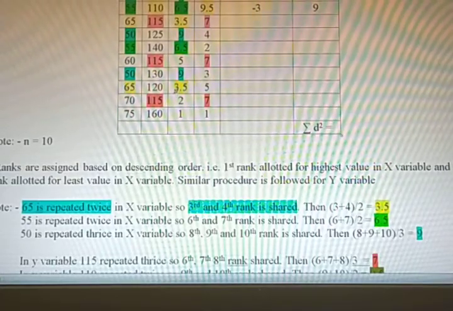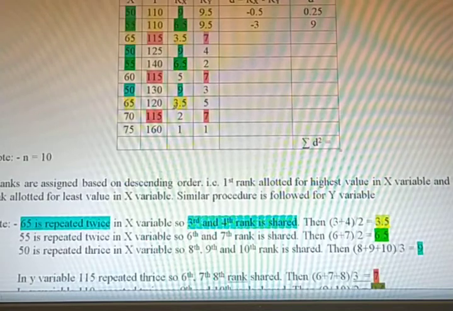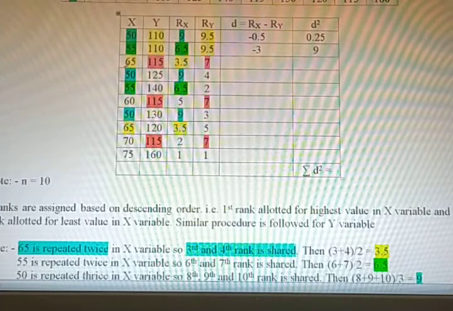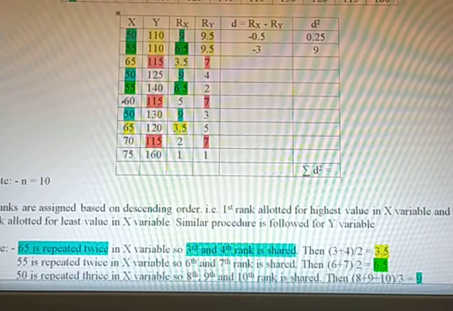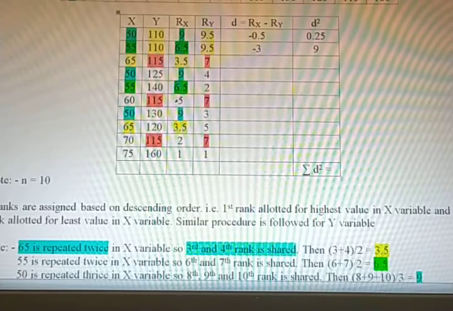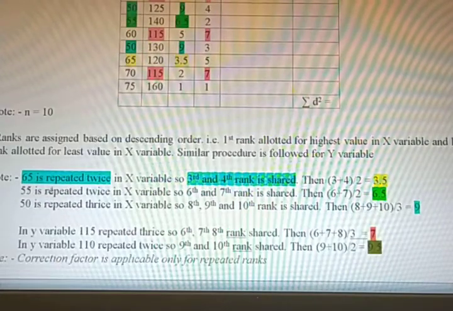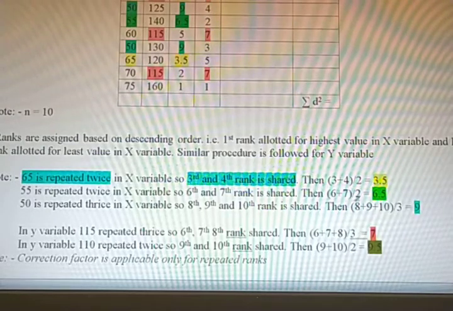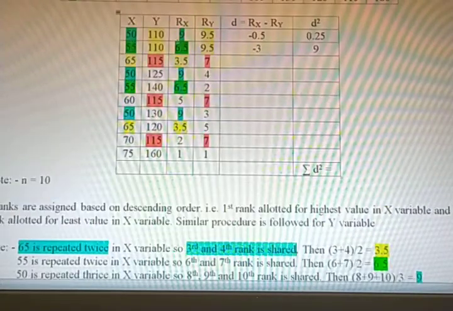We have now allotted ranking up to 4. The next value is 60, which gets the 5th rank. The next least value is 55, again repeated twice, so the same procedure is followed. 55 should be allotted 6th and 7th rank, so the average is 6.5, and we write 6.5 for both.